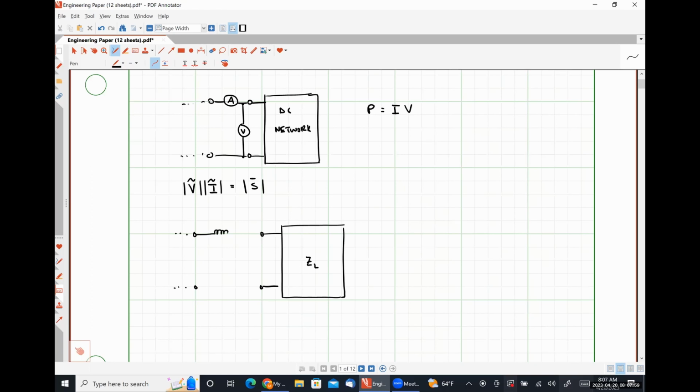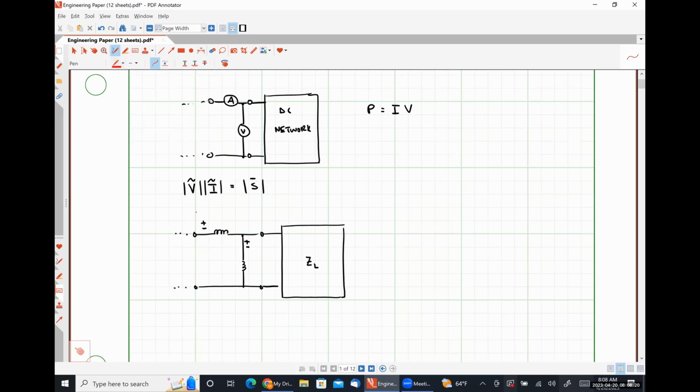So we're going to have a coil up here, and the polarity of this coil is important. And then we also have a coil here. The polarity of this coil is important.